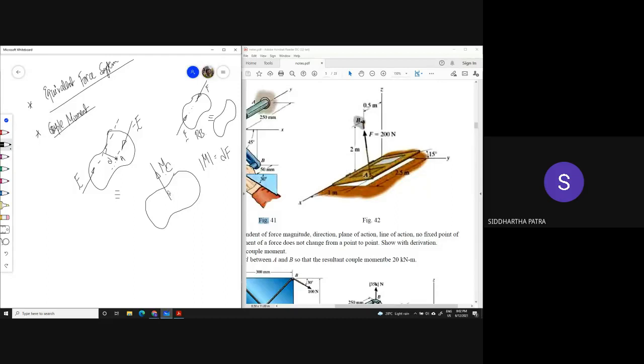What is the difference between the moment due to a force, or moment of a force, and a couple moment? When we are talking about the moment of a force, there is a single force, not a couple, and the moment is associated with the force.